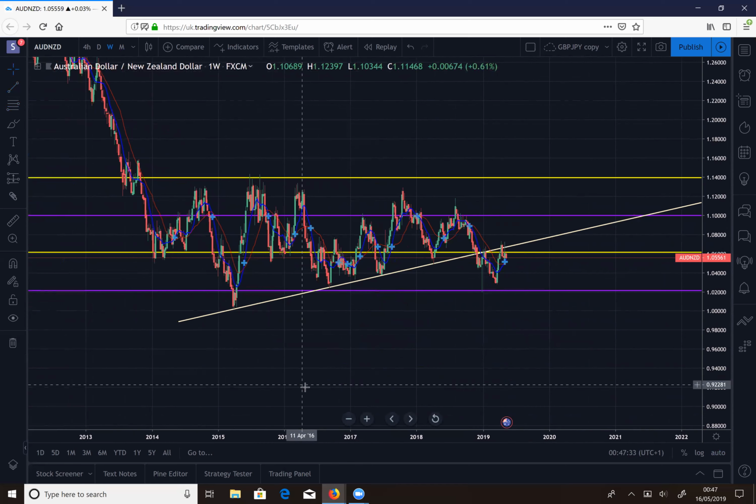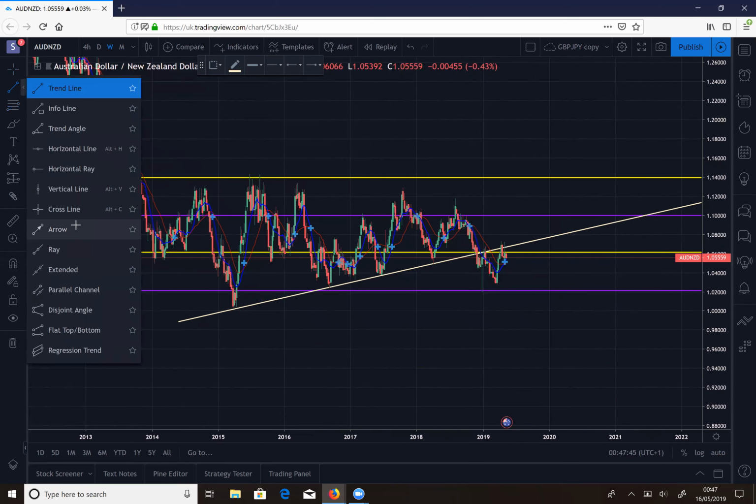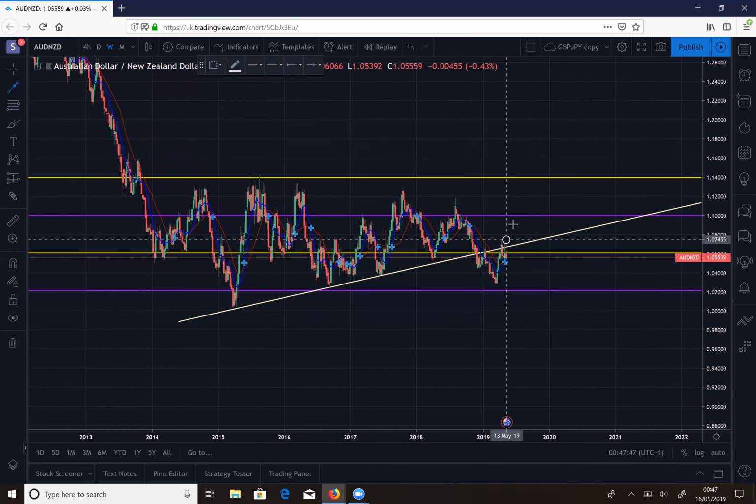Already just thinking about how ranges work, I'm already wanting to see price coming up to here. We're in a range. If we are in a range, I would want price to come up.